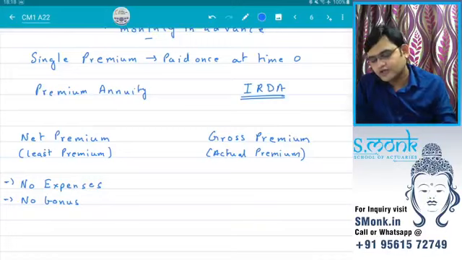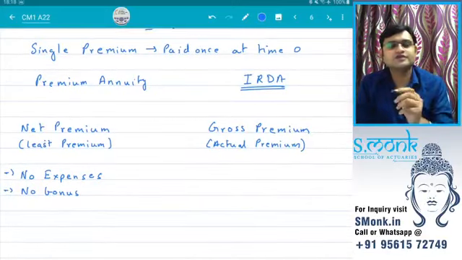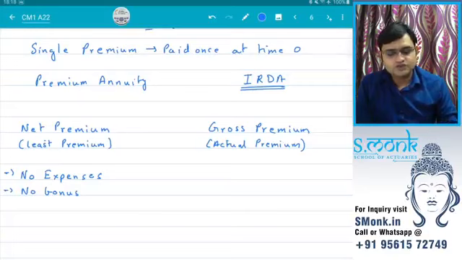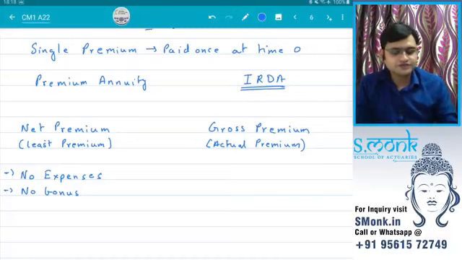So while calculating net premium, we do not take into account any expenses. Whenever I say expenses, we have two main categories: expenses and commission, right? For any salesperson to sell a particular product, the company pays commissions. We have life insurance agents for selling life insurance, and if you sell a certain type of life insurance, a certain amount of commission would be given to you.